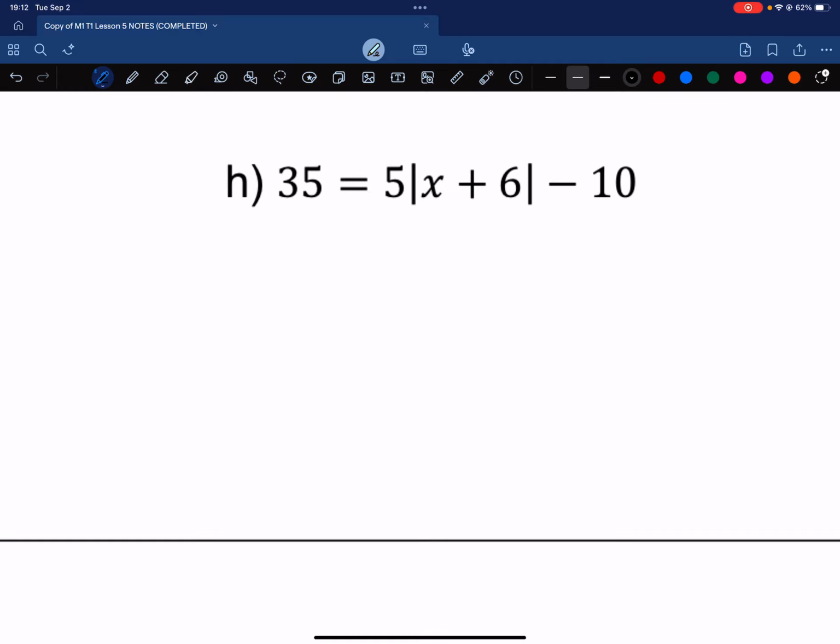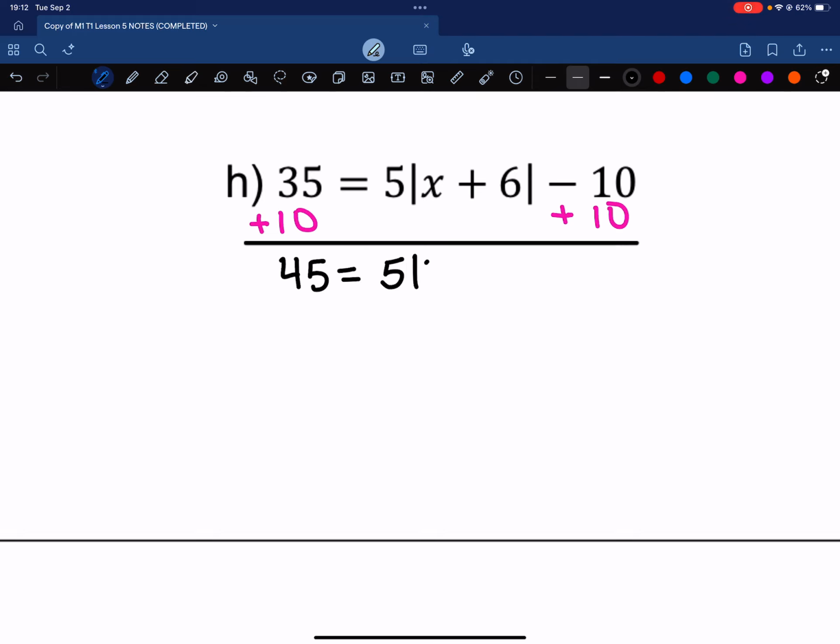So, on this problem, you have to first start by adding 10 to both sides. And that would give us 45 is equal to 5 times the absolute value of x plus 6. Then you can worry about the division and divide both sides by 5. And so that would give us 9 is equal to the absolute value of x plus 6.